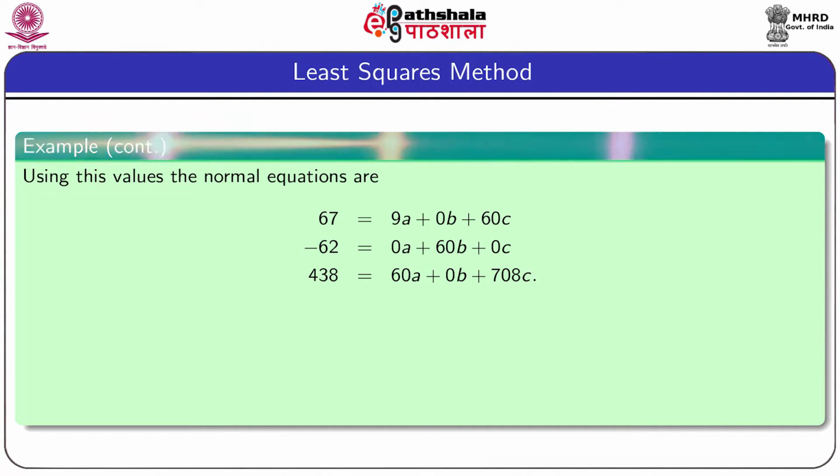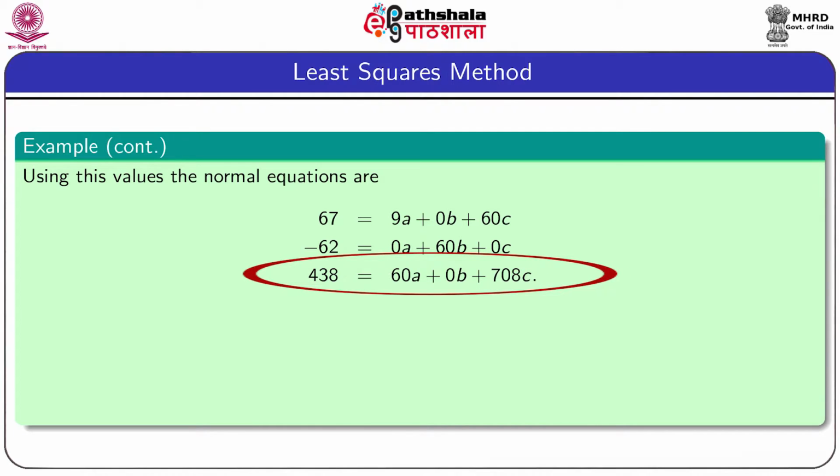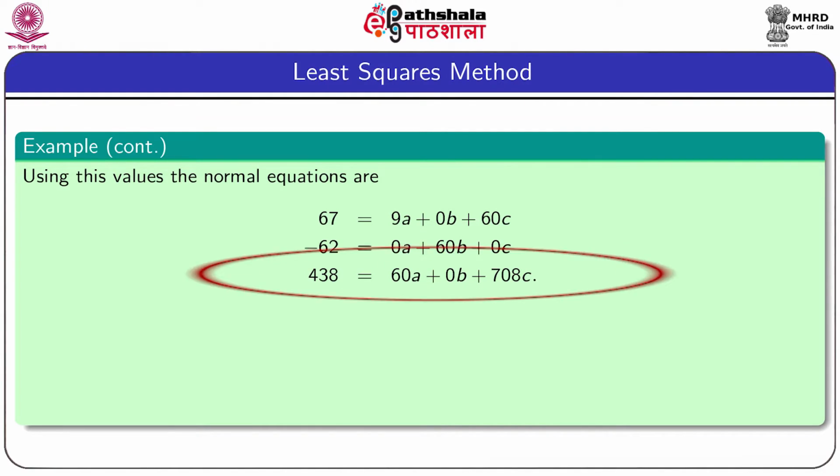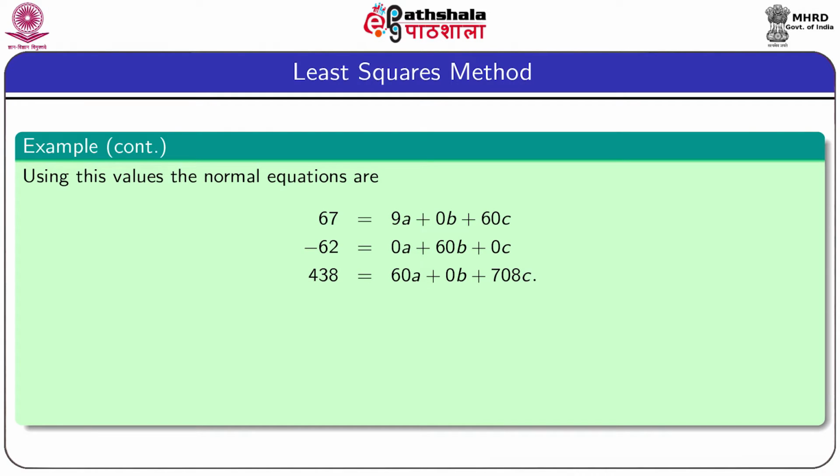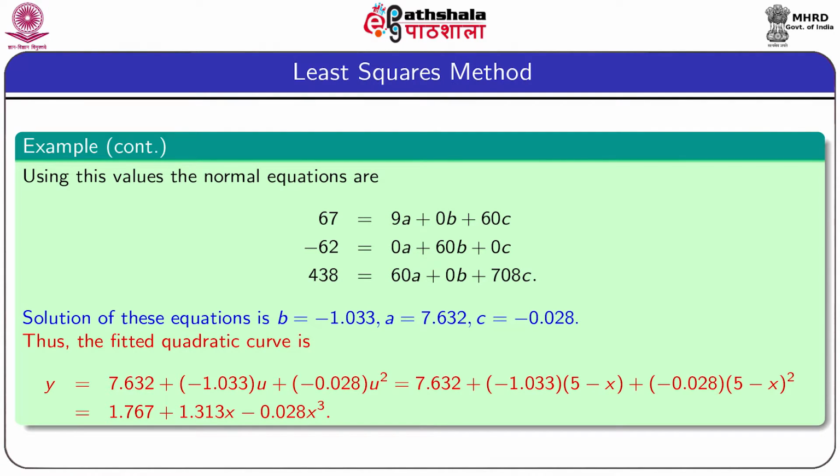So using this set of values, the normal equations are 67 = 9a + 0b + 60c. Second equation is −62 = 0a + 60b + 0c. And third equation is 438 = 60a + 0b + 708c. Now solving these equations, we get b = −1.033, a = 7.632, c = −0.028.